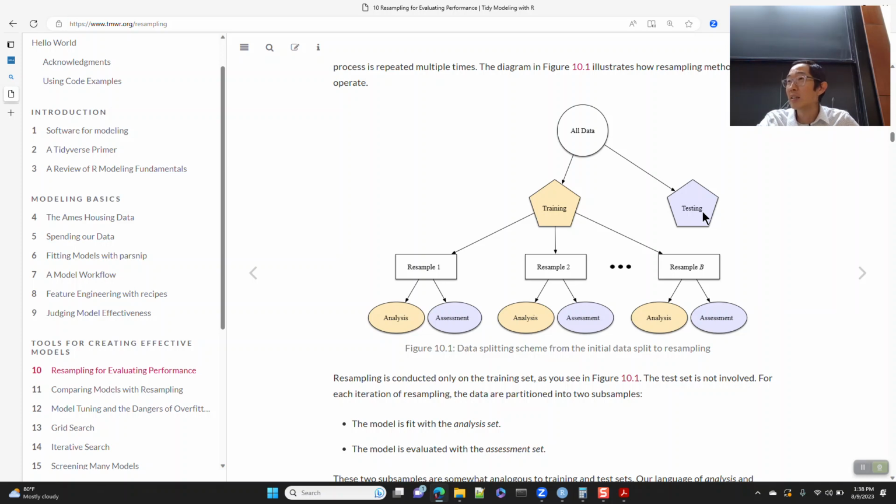Yeah. Because we need the validation set, we can regard it as a new sample from the population, and the training set is the sample we have now, and we use it to fit the model.